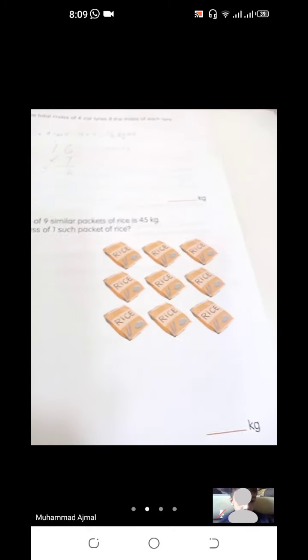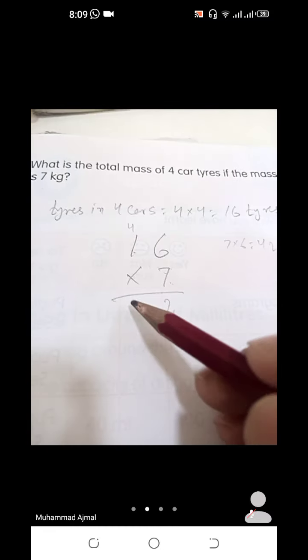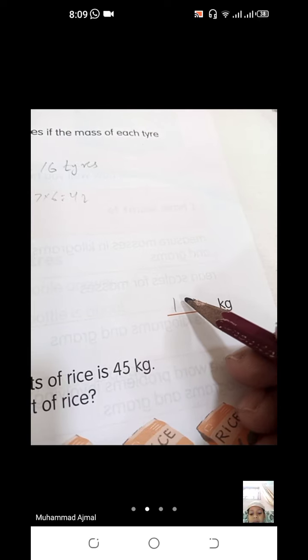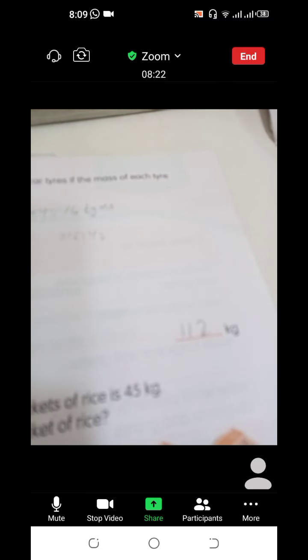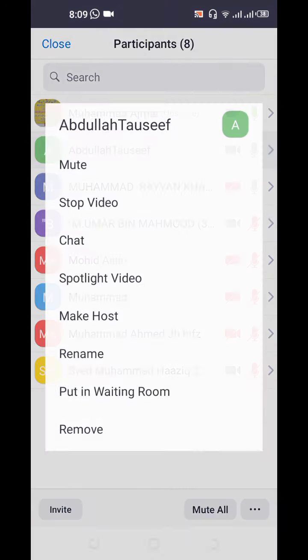And 7 ones are 7, 7 plus 4 is equal to 11. So the mass of the tires of 4 cars will be 112 kg.